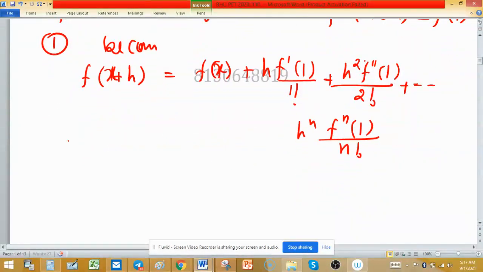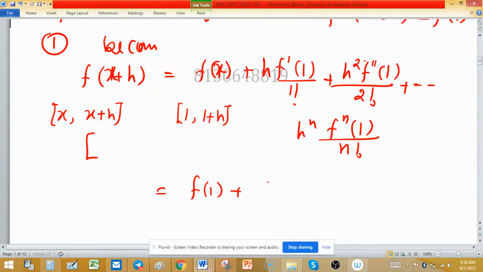Because we are talking about x and x plus h in this interval, if I consider a particular interval 1 to 1 plus h, then 1 is playing the role of x.